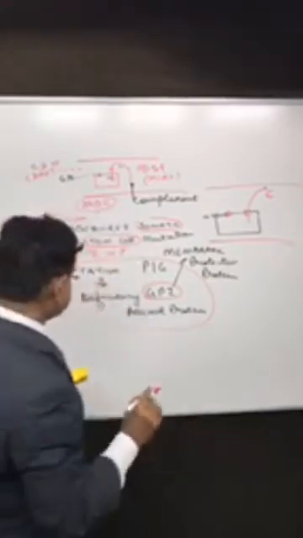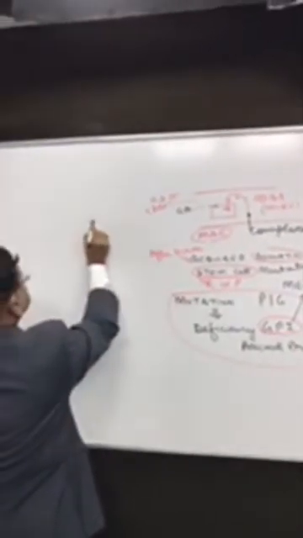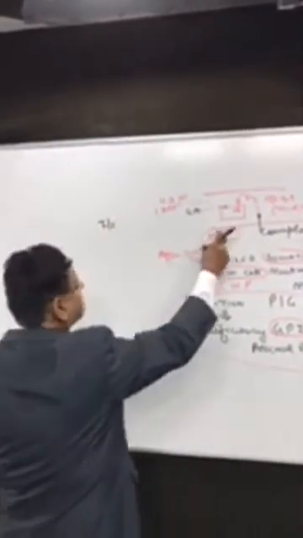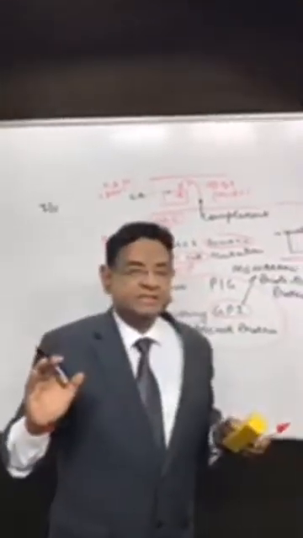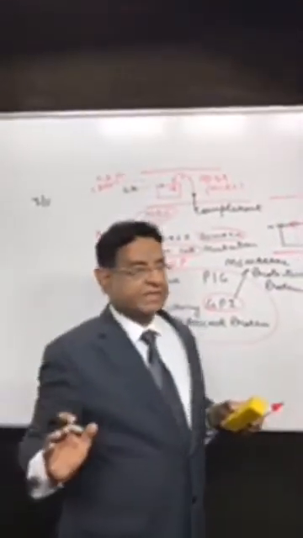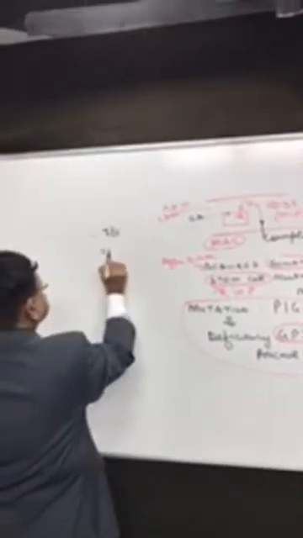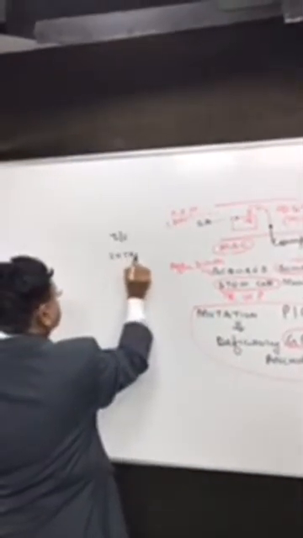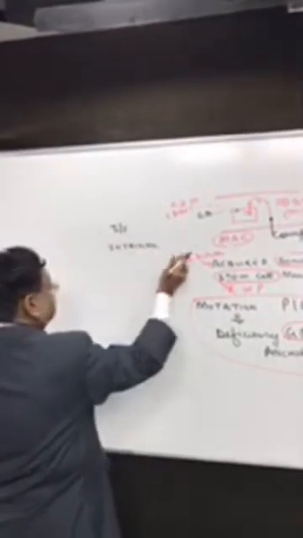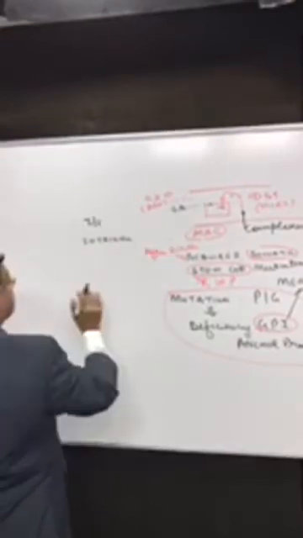So remember, hemolysis is intravascular because cells are broken down in the blood vessel itself. And number 2, it is an intrinsic disorder. The problem lies in the cell itself.